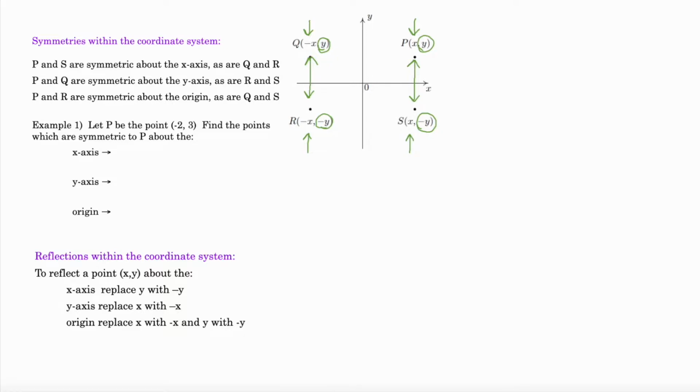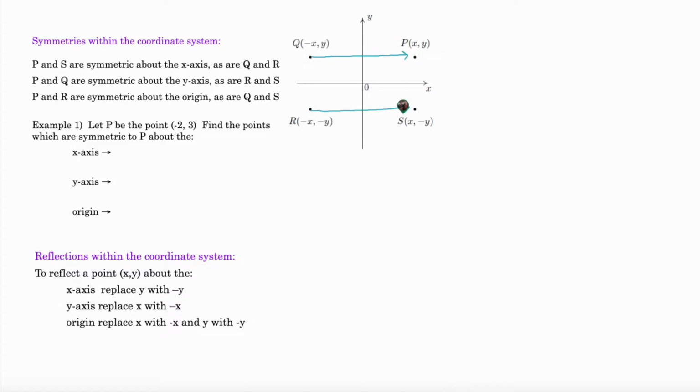Another symmetry that we have is symmetry across the y-axis. So P and Q are symmetric about the y-axis, and similarly, R and S are symmetric about the y-axis.